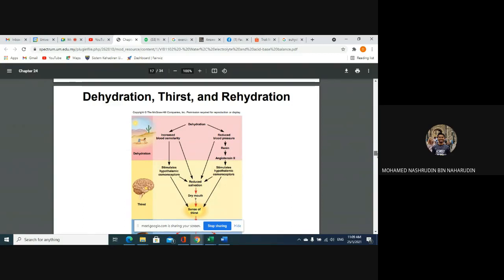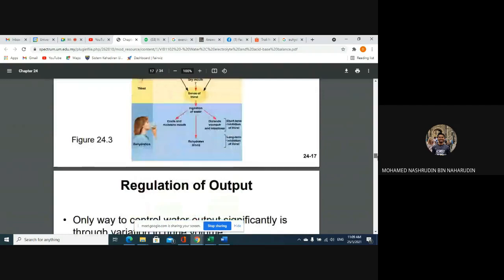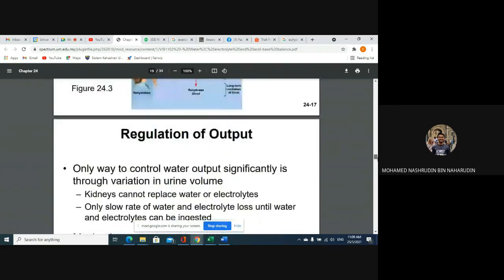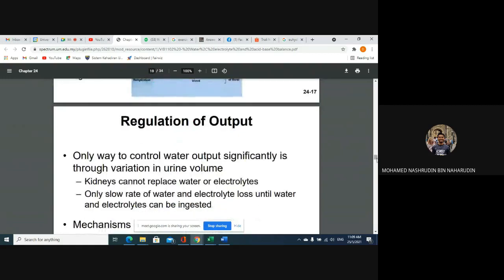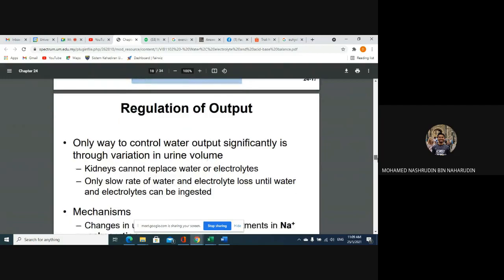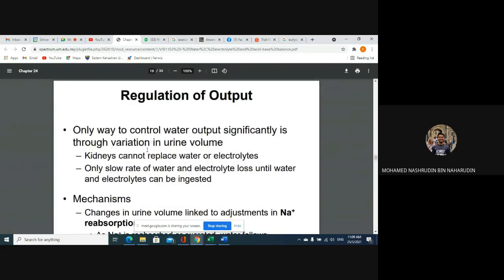So these are the regulations I explained earlier, but in diagram form, you can read and understand this. We have discussed intake and inhibition of intake. So let's now look into the regulation of output. The only way to control water output significantly is through urination. Although there are other ways, for example sweating, mainly it's through urine.